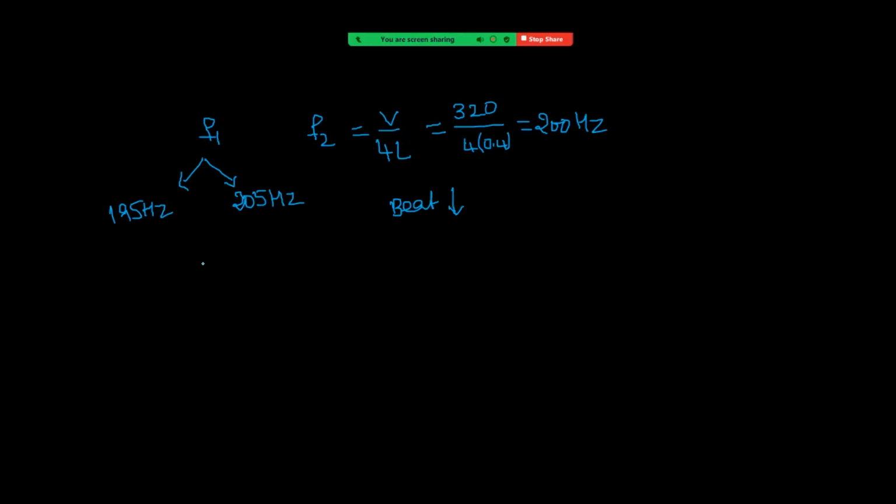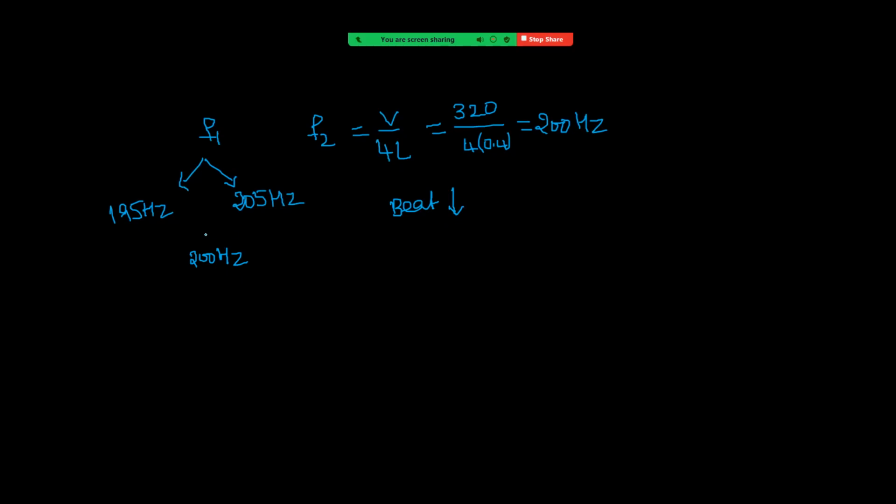That means if it is 195 and you add wax, its frequency will be less than 195. Then the difference between that and 200 will increase, but the condition given is that it decreases.